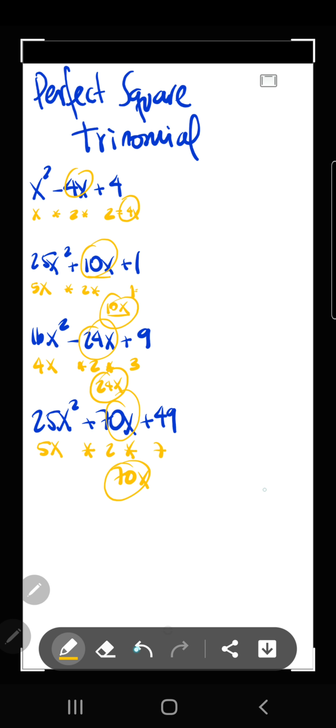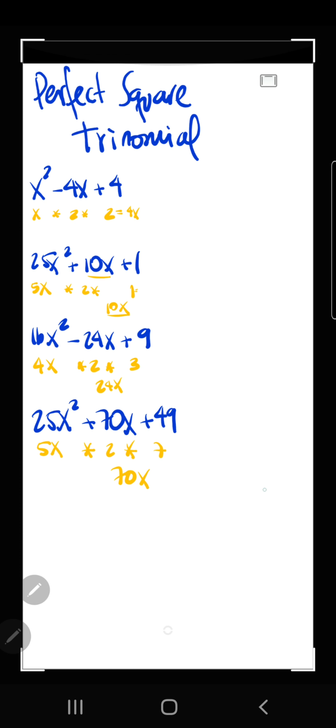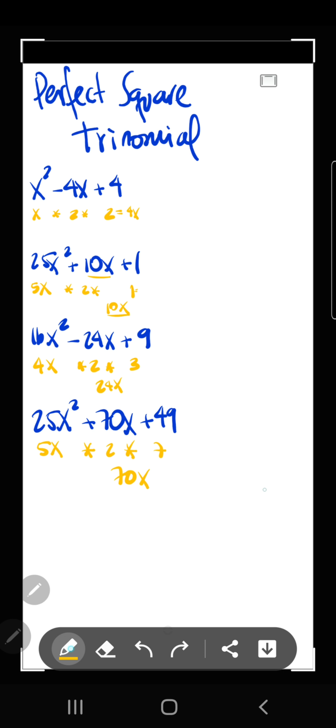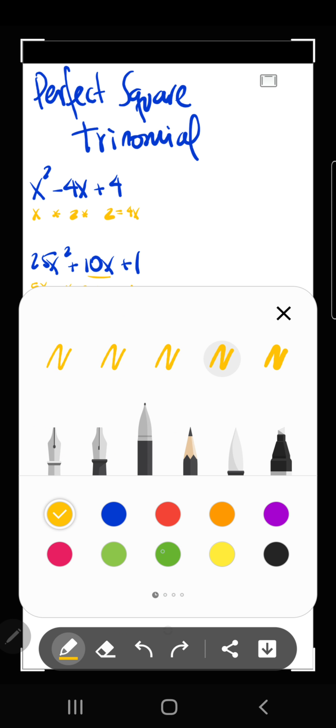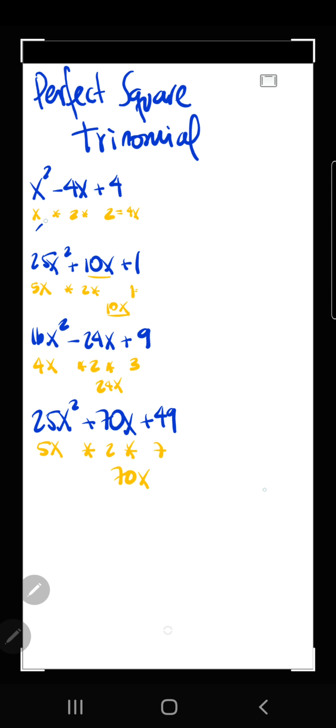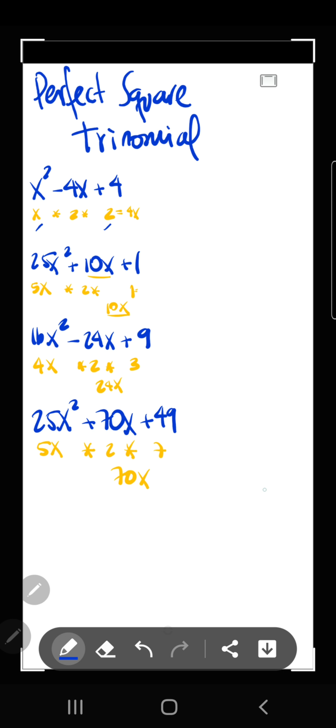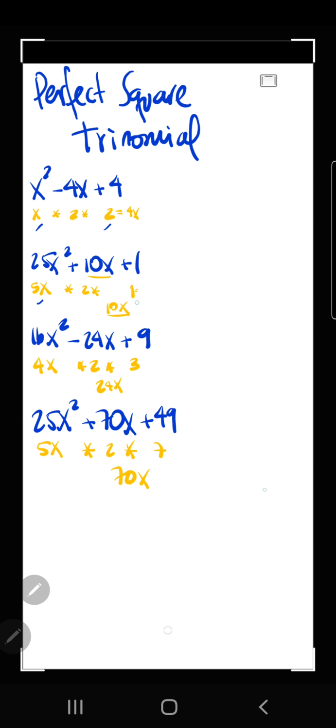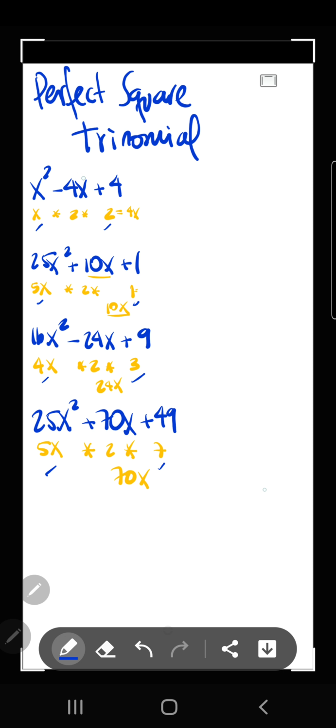Okay, so now we are going to solve these expressions. We must take into account only the square root of each term, the first and the third, only the square roots, and the sign of the second term.